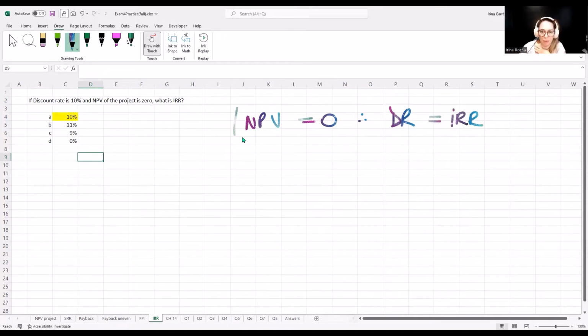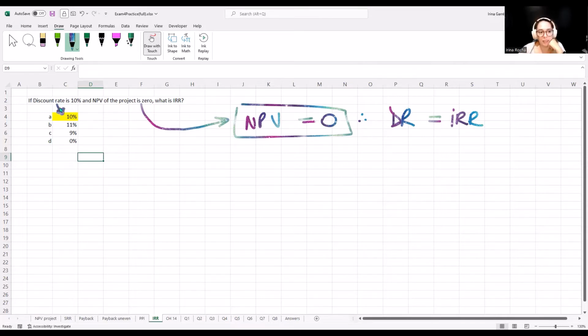So if we know this, then this answer is very easy, right? Because here it says if the discount rate is 10% and the net present value of the project is 0, then what is the internal rate of return? And it is the same as the discount rate.